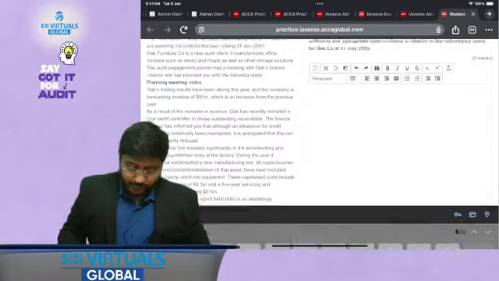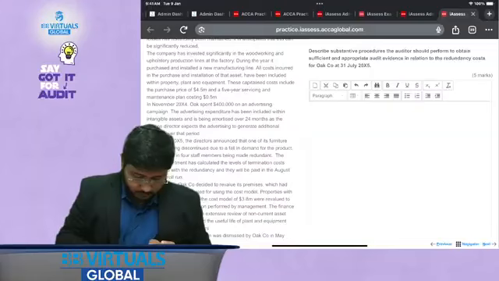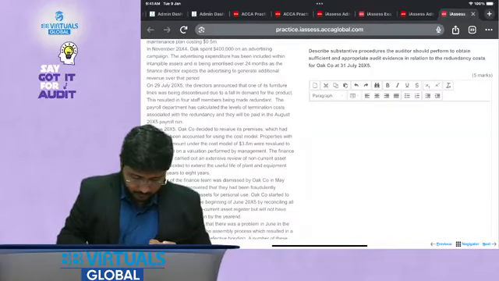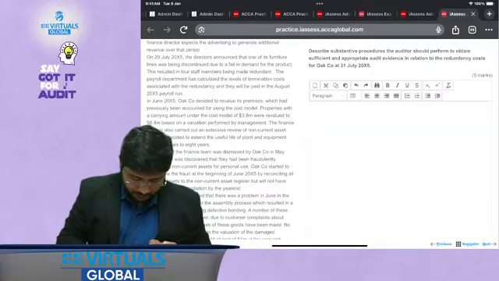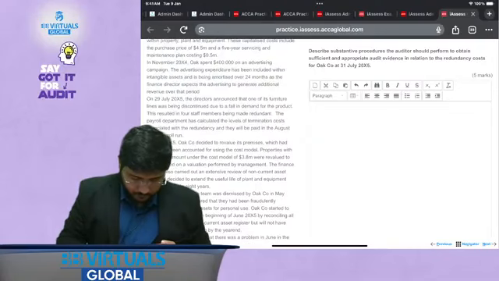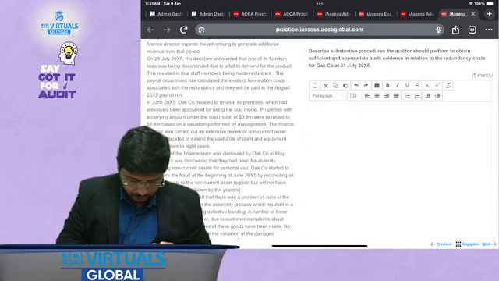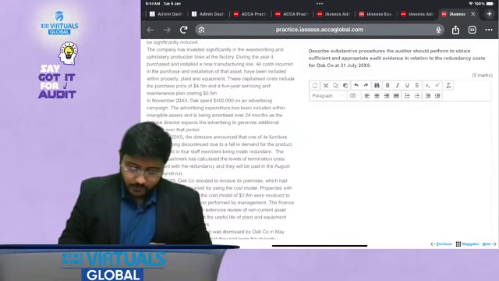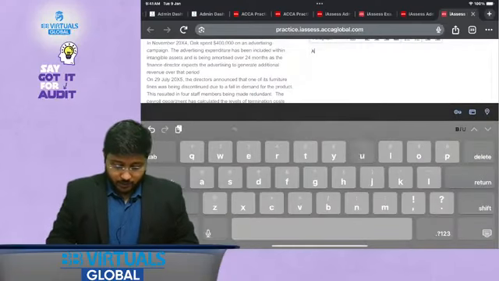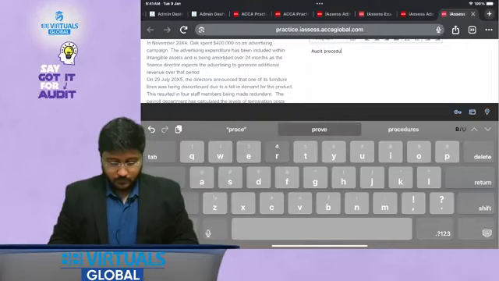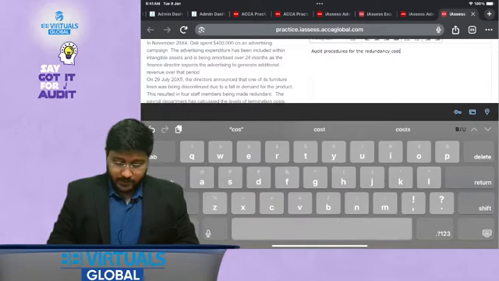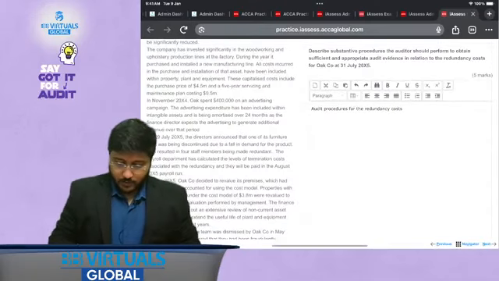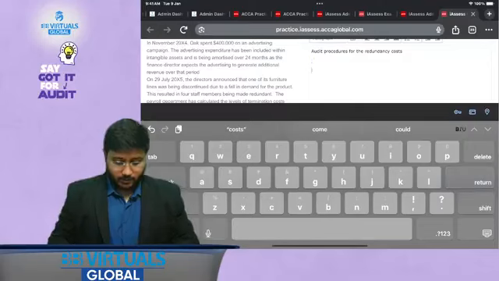But here what I'm going to do is, I'll write the audit procedures for the redundancy cost. I'm just writing the audit procedure for the redundancy cost.